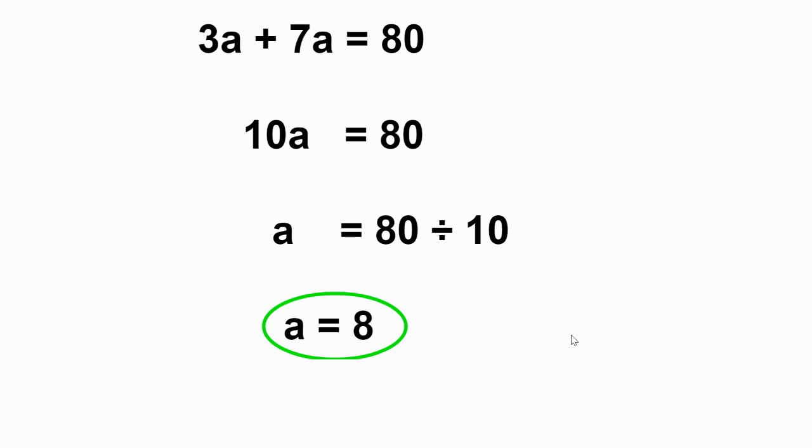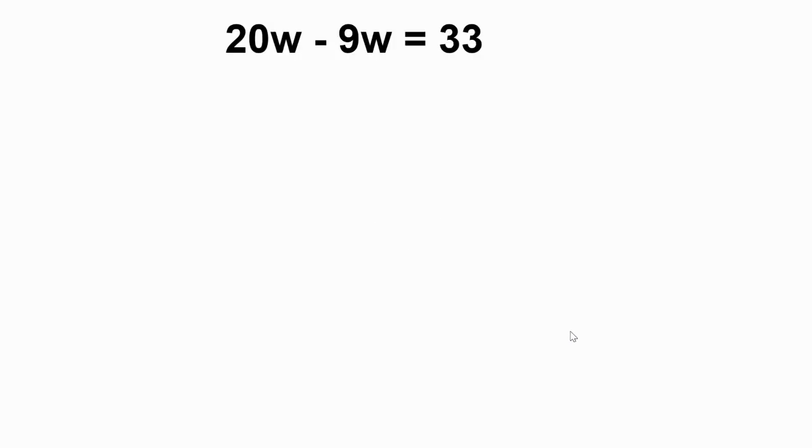Let's look at this equation here. Very similar. 20w minus 9w equals 33. Again, those right there are like terms. We can combine them. In this case, we can subtract 20 minus 9, or 20w minus 9w.